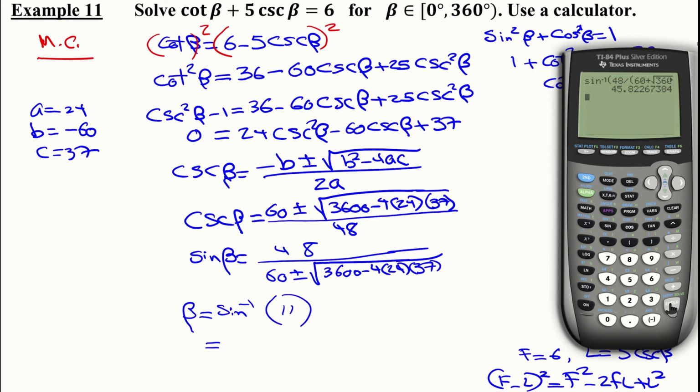45.8. Let's just approximate. So 45.8, or now we're going to do the minus case. The nice thing about this kind of calculator is you can copy that.